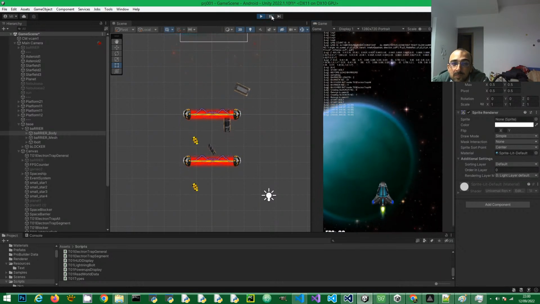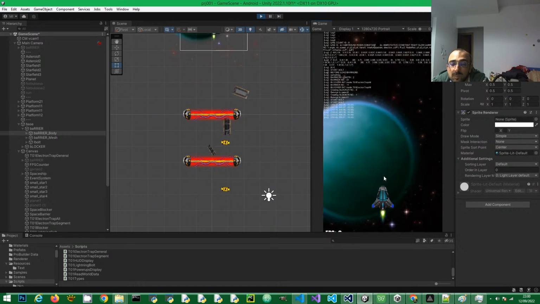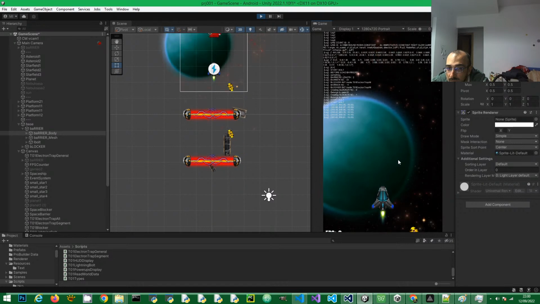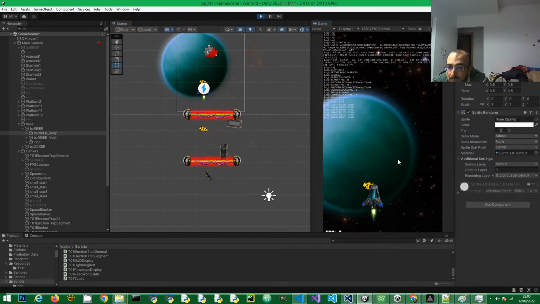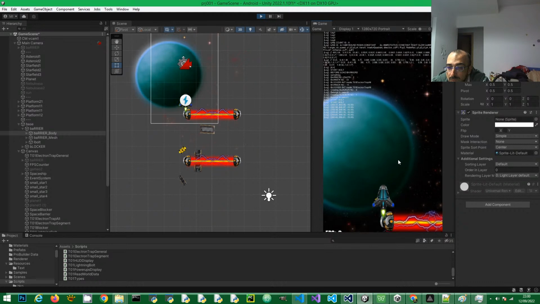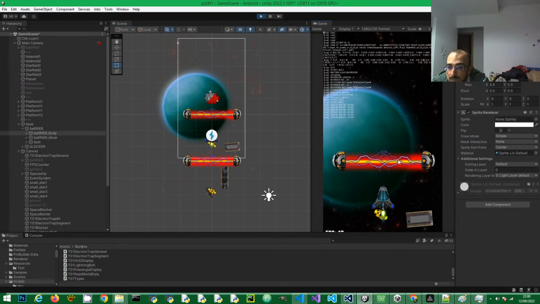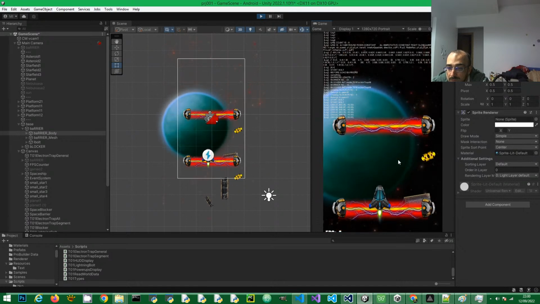Okay, yep. Okay, so little by little, we have to write the code for the movement of all the blockers.